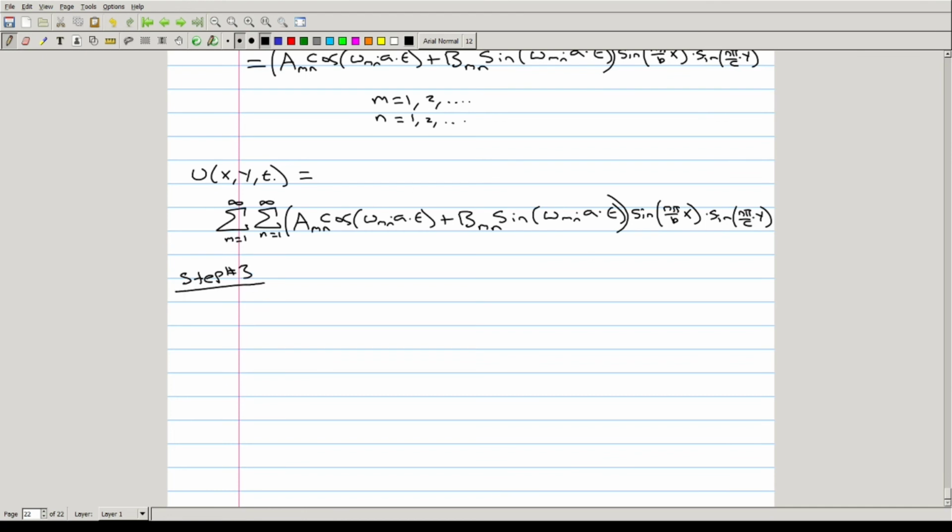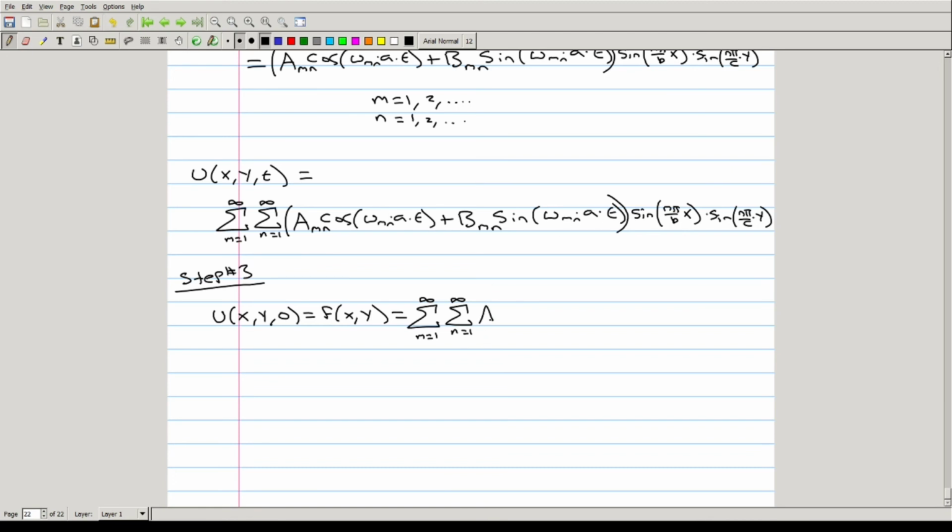Just like before, for the heat equations, this is very, very cool. We look at the initial condition here. U at x, y, 0 is some function f of x, y. This double sum, when t is 0, cosine of 0 is 1, sine of 0 is 0.